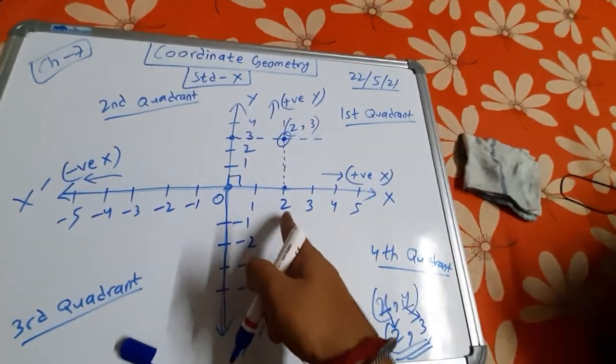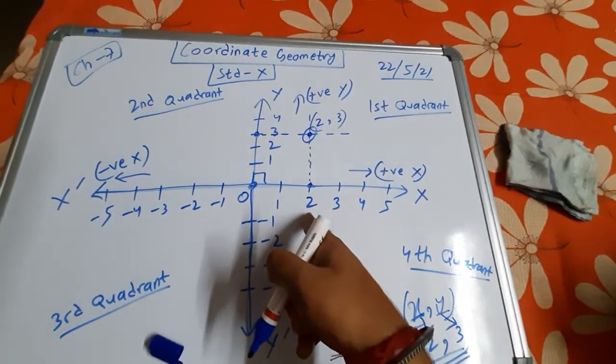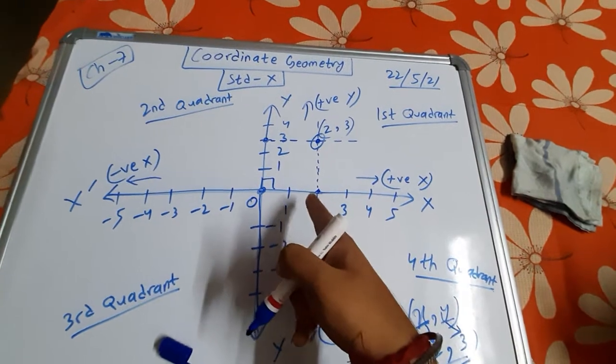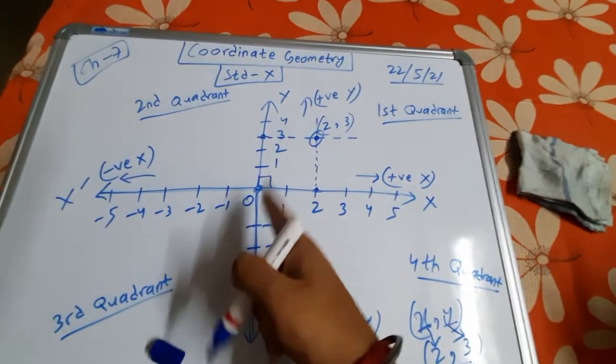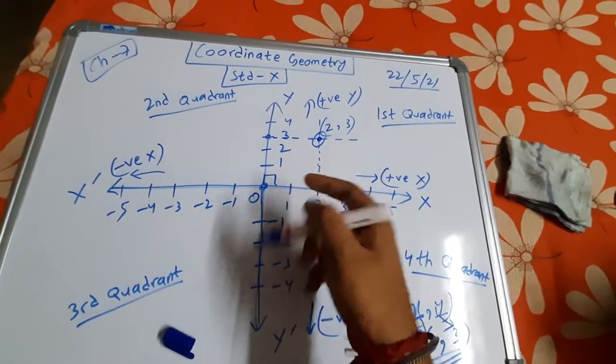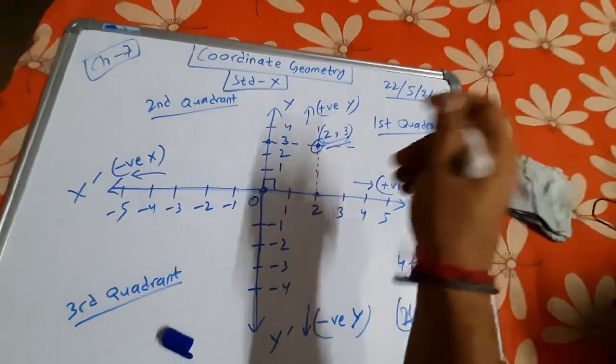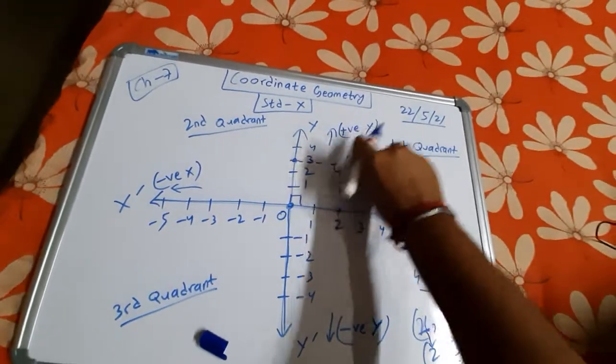So you took the x value and found the point on the x axis where x is 2, and you took the y value, 3, and found it on the y axis. You drew two perpendicular lines, and the point where they cut each other is the required point. This was the general concept of plotting points.